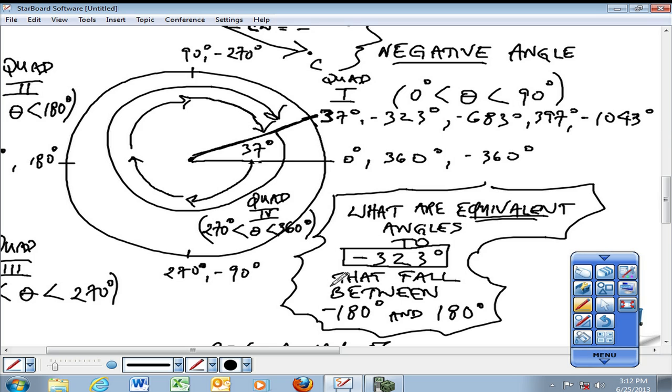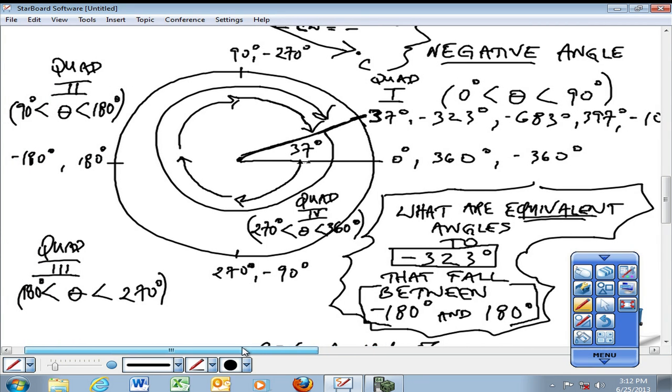What's important to understand for this particular problem is that it's only looking for equivalent angles that fall within this range, from negative 180 to positive 180. That's the range.